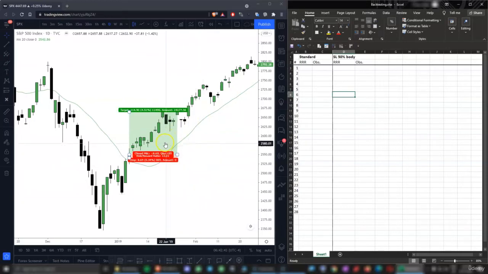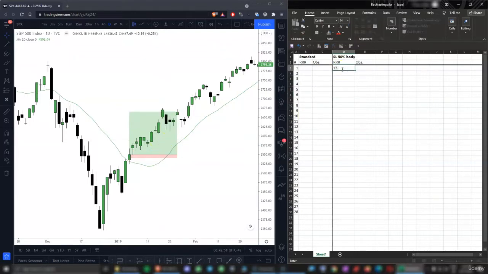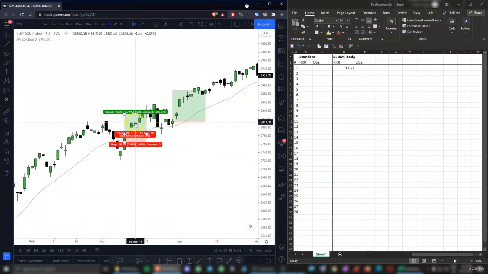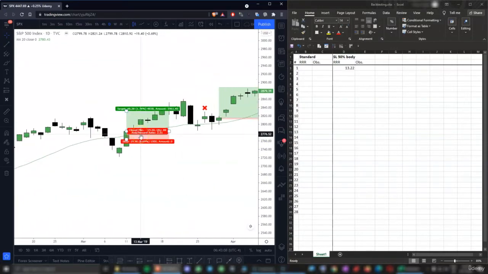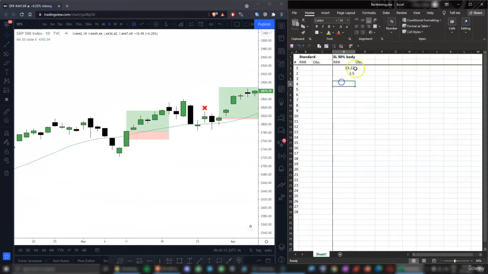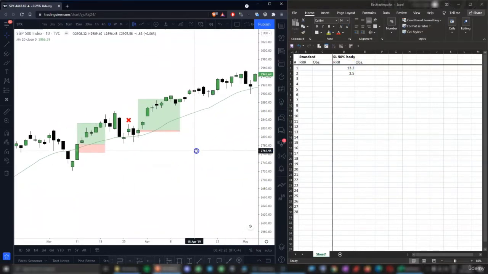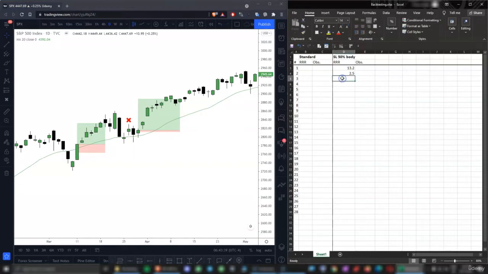So let's start. This is 13.22, you see right there. So I'm going to write it here. This is 2.5. Then we have a loss, so it's going to be -1.